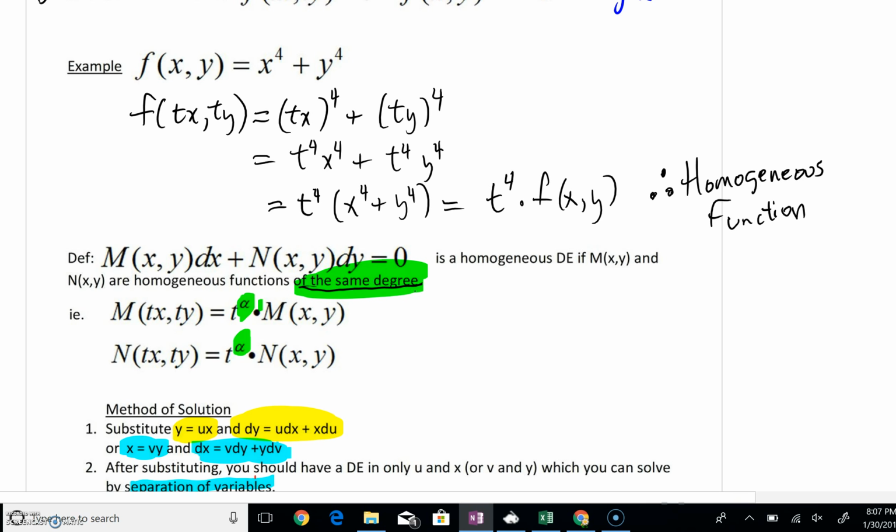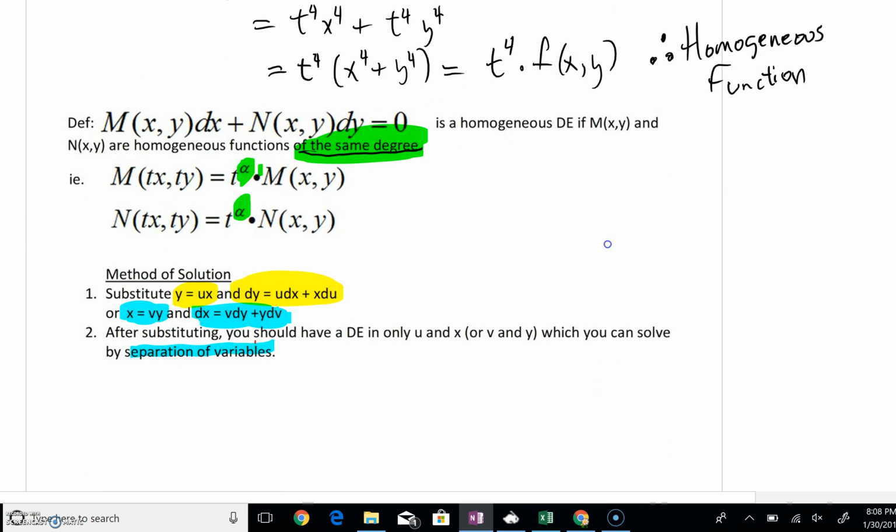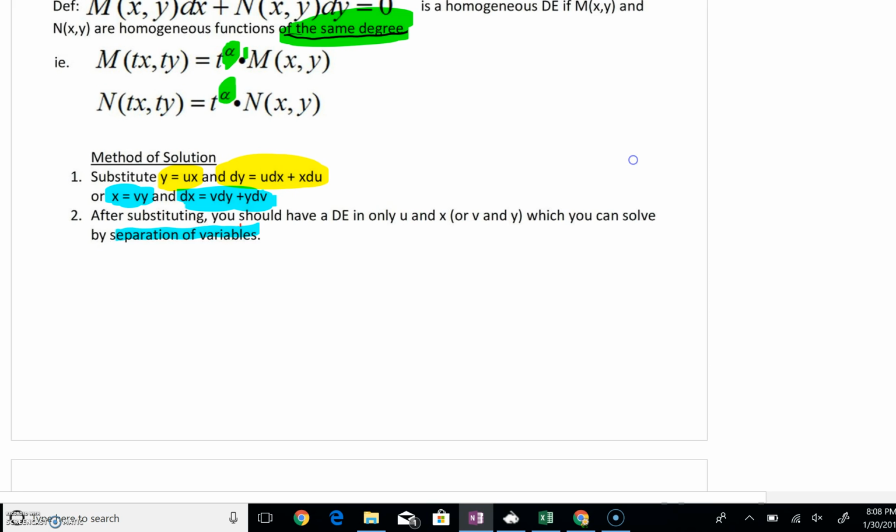So in other words, it's not enough to get M and N both to be homogeneous functions. That's certainly necessary. It's just not sufficient. We have to go one step further and show that we'd have the same power factored out, the same degree. If that's the case, then we have a homogeneous differential equation, and then we can proceed with this method of solution.